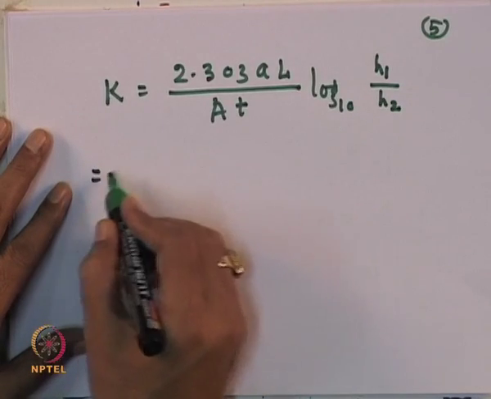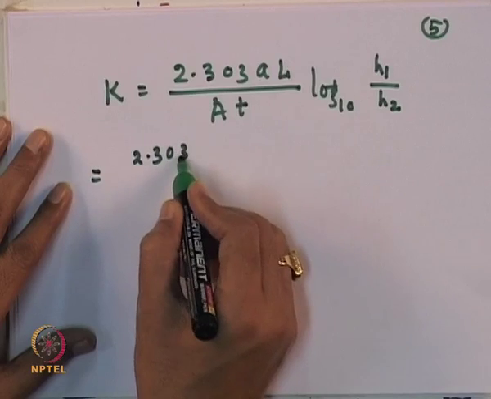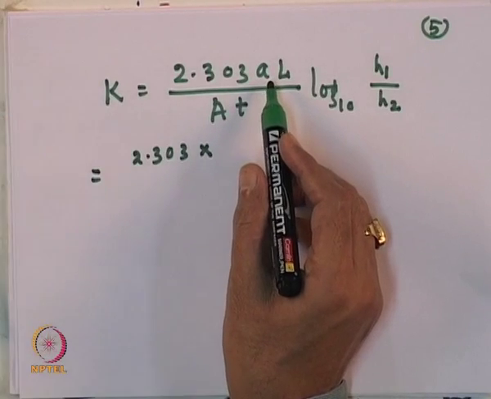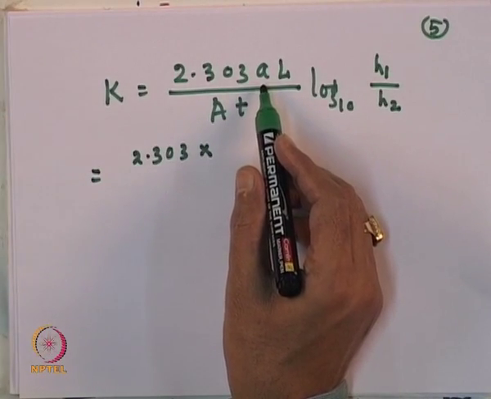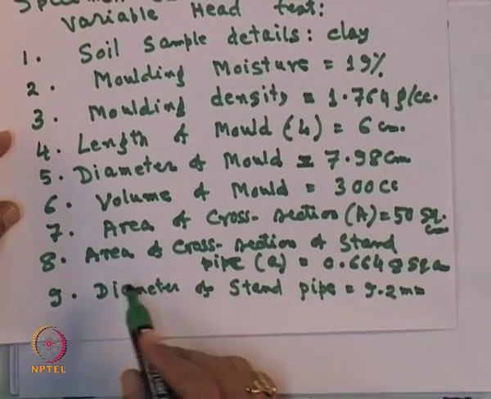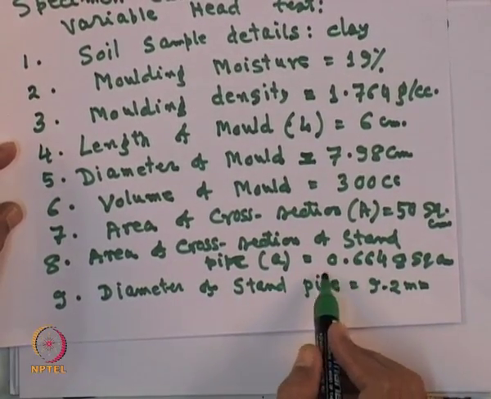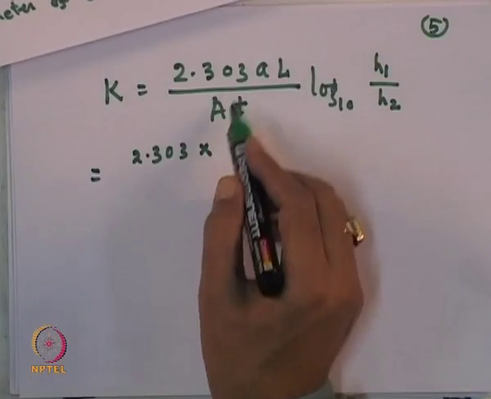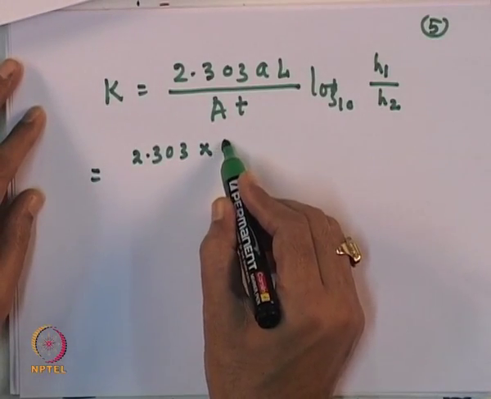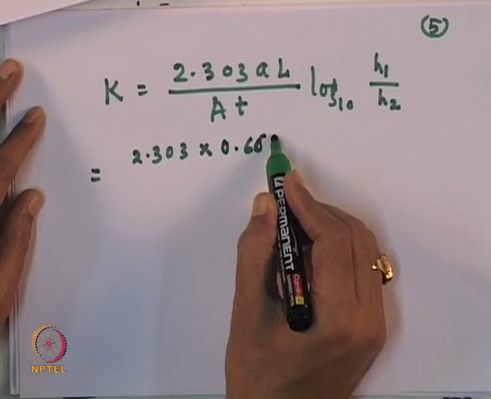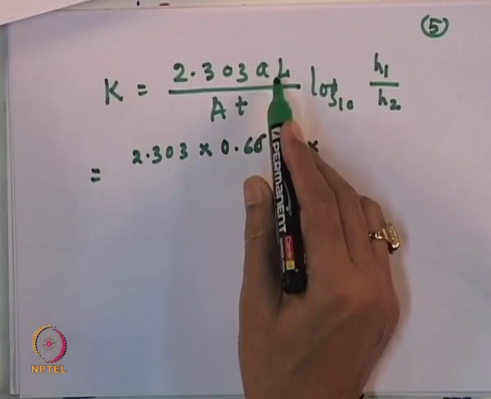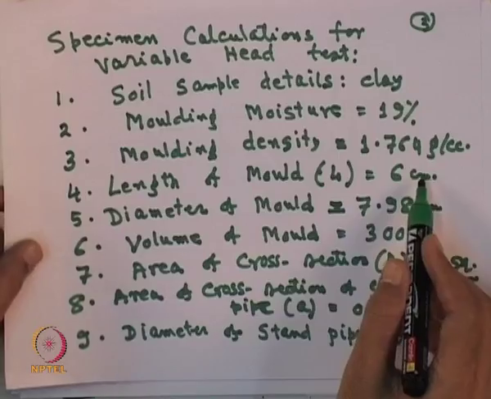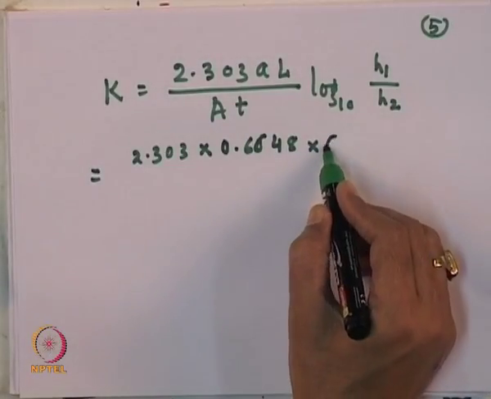So, this is 2.303 into small a, that is the cross sectional area of the standpipe, that is 0.6648 square centimeter. This into L, L is the length of the sample, which is 6 centimeter.